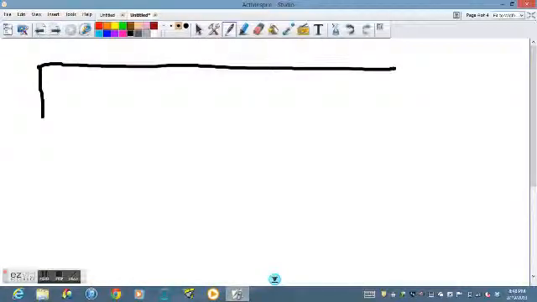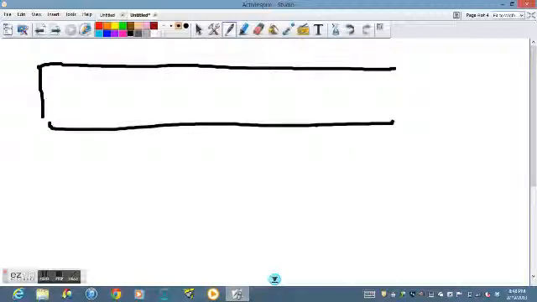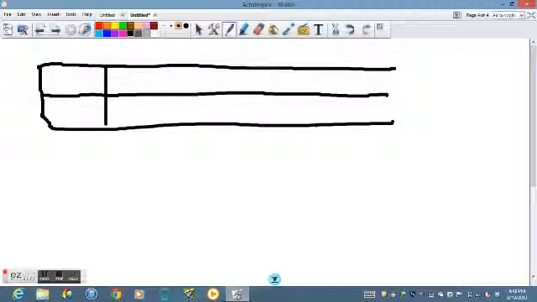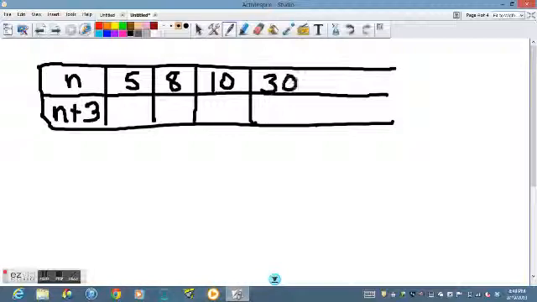You're going to have a chart, and it's going to look something like this, and you're going to have n and n plus 3. Then up here at the top you're going to have some numbers, and you have to figure out what goes in the bottom.